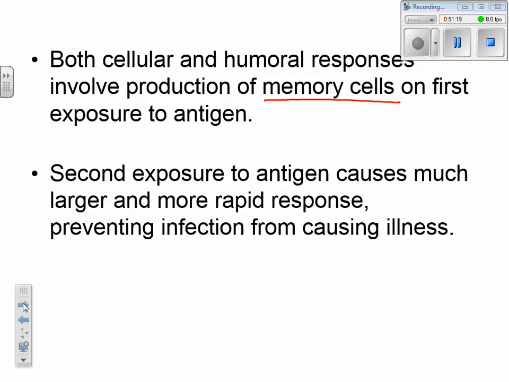And they are the key to retaining immunity. So if you had, let's say, chickenpox as a child, and you recovered from it, when you were recovering from it, you produced memory cells. So you don't get it again, do you?